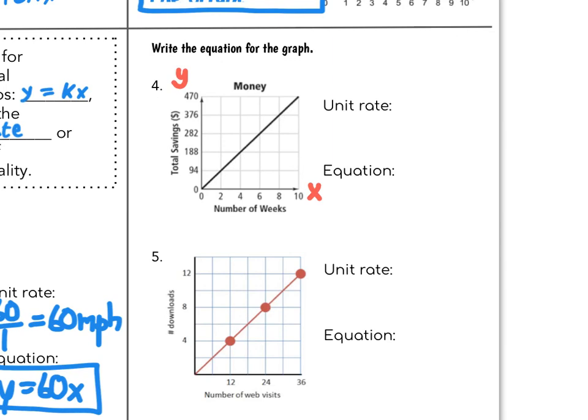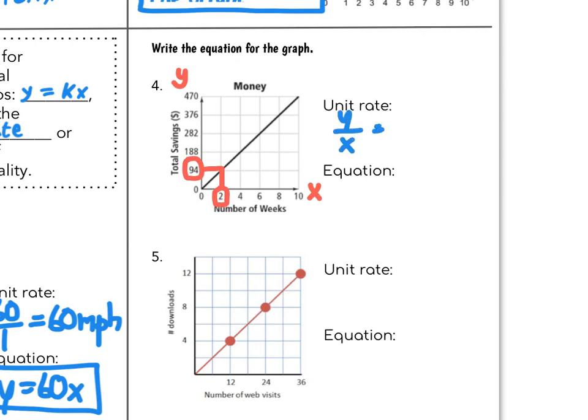So if you look, there's no 1 on the x-axis. Okay, it just goes from 0 to 2. If I go up 2, I can see that it's going to hit an exact number. So I'm going to use 2 as my x coordinate, and if I look straight up and then look across, that's my y coordinate, which is 94. So I'm going to use those numbers to figure out the unit rate. Remember, it's going to be the y coordinate over the x coordinate.